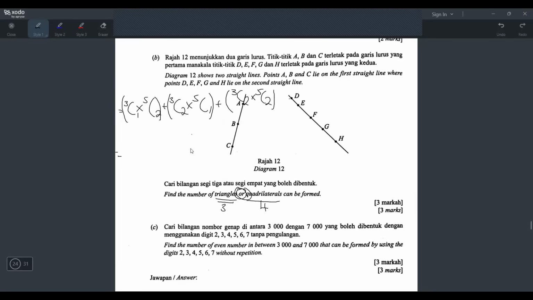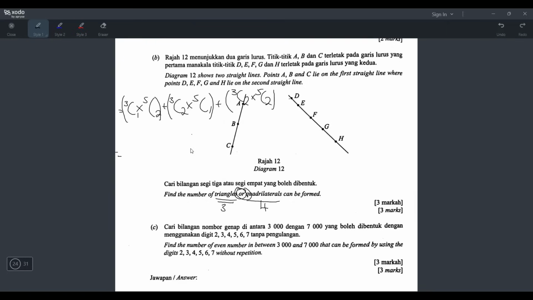Just press the calculator and then you will get the answer. Let me press the calculator now. 3C2 times 5C1 plus 3C2 times 5C2. My calculator gives me 75. But let me press again because the answer is not the same as the scheme.